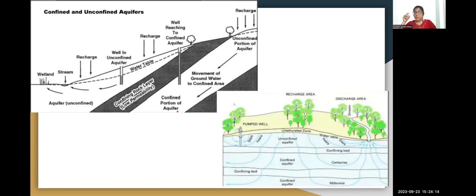Now, the movement of groundwater is very slow, so recharging of confined aquifers takes centuries, and you can see here that as the number of strata or layers goes deeper and deeper, the recharging time is going to take not just centuries, but more than 1,000 years.